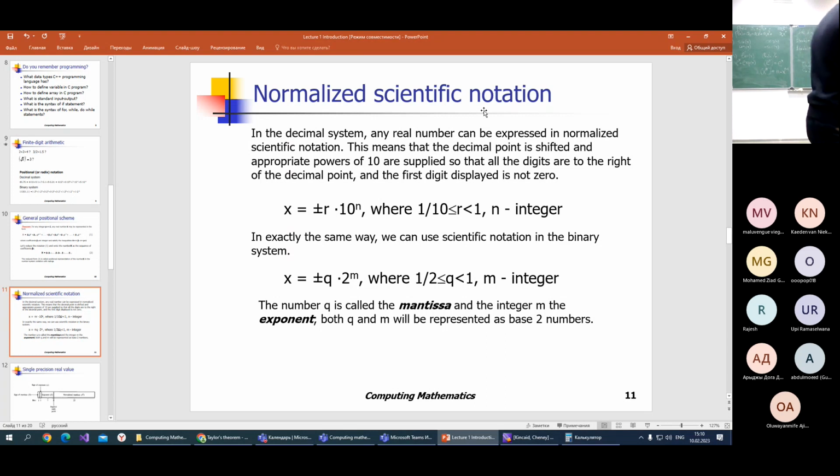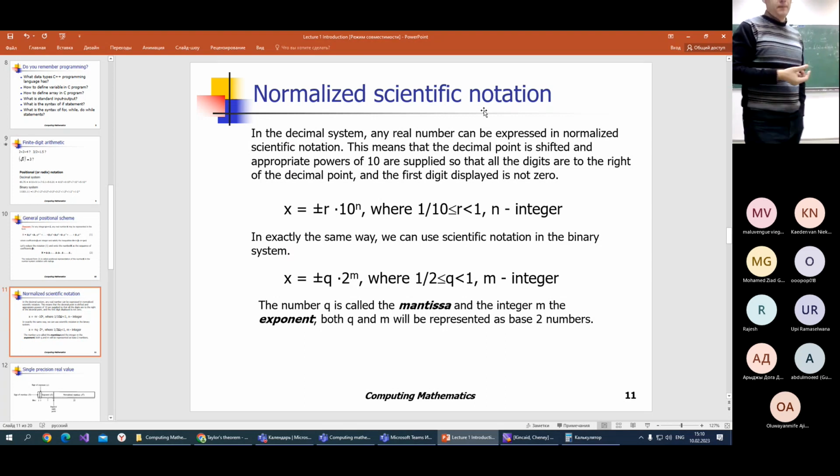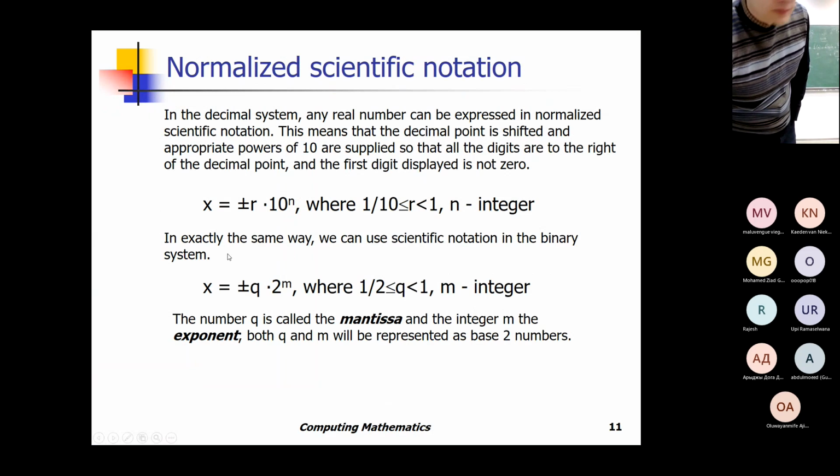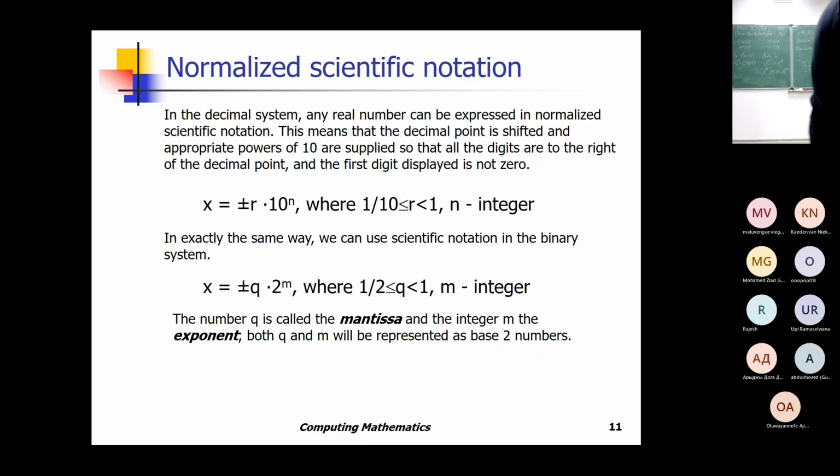Well, the number is represented in the following form. Some coefficient R times 10 power n, where n is integer, it can be positive, it can be negative.